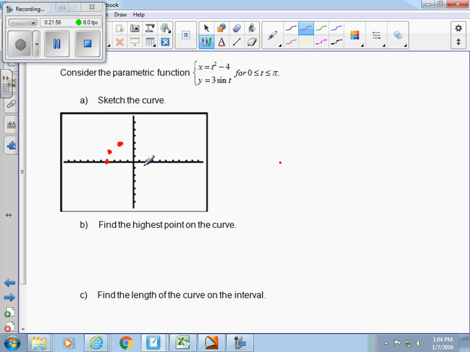Okay, I'm just going to skip to pi. Pi squared is 9 something minus 4 is 5 something. Everyone agree? Sine of pi is 0. Does that look right?